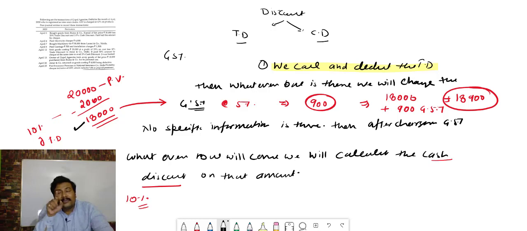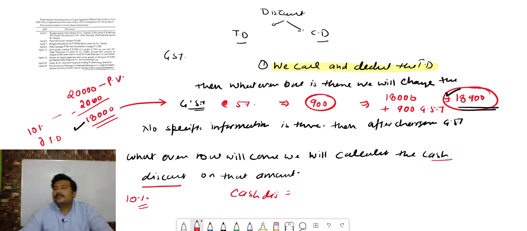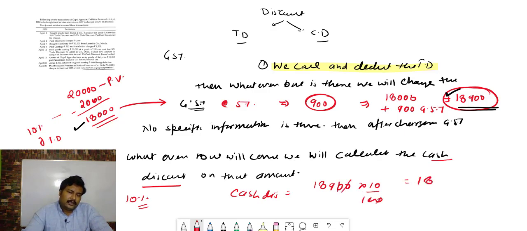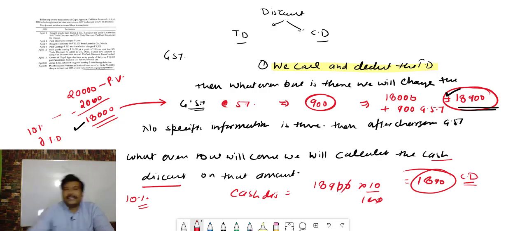It will be calculated after charging GST, on the amount 18,900. So if the person pays the full amount, 10% of 18,900 is 1,890. 1,890 will be the cash discount. Getting my point?